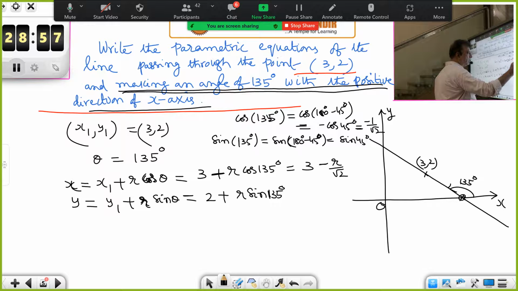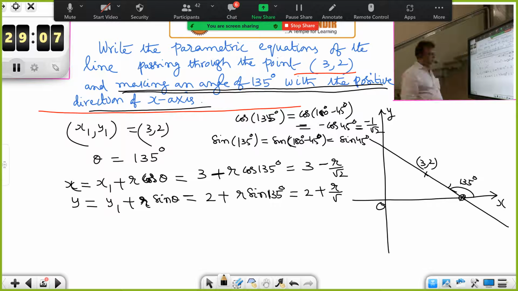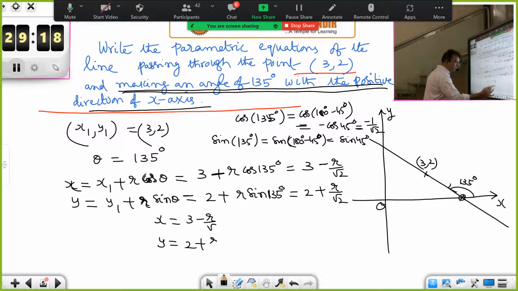What is the value of sin 45? 1 by root 2 only, sir. Right. 2 plus r into 1 by root 2. So 2 plus r by root 2. So these are the two parametric equations. X is equal to 3 minus r by root 2. Y is equal to 2 plus r by root 2.